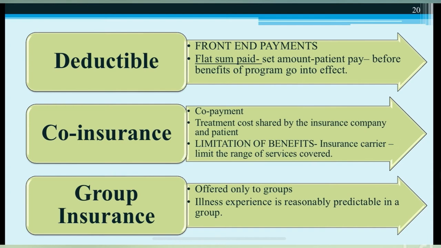Treatment cost is shared by the insurance company and the patient. Limitation of benefits is that the insurance carrier limits the range of services covered. The third one is group insurance. It is offered only to groups. Illness experience is reasonably predictable in a group. It is not mainly followed, that last one, group insurance.